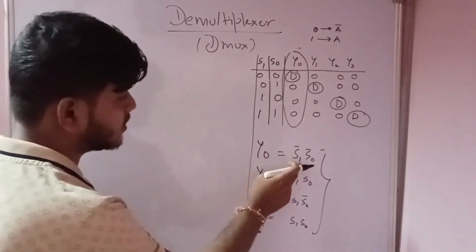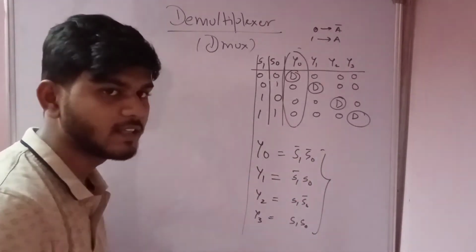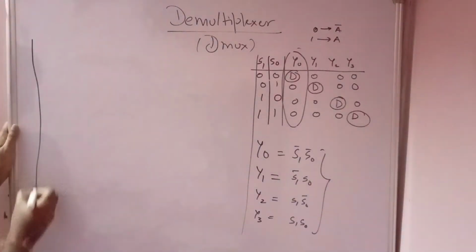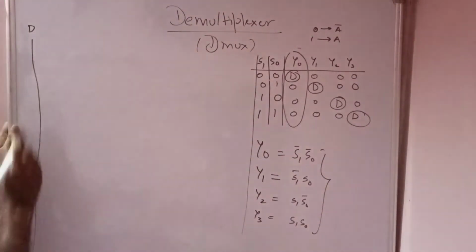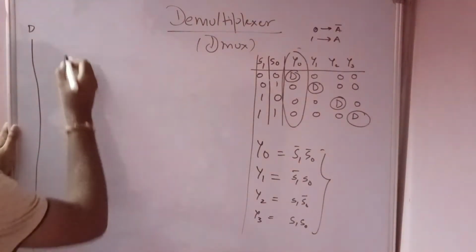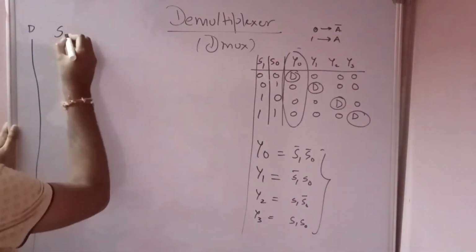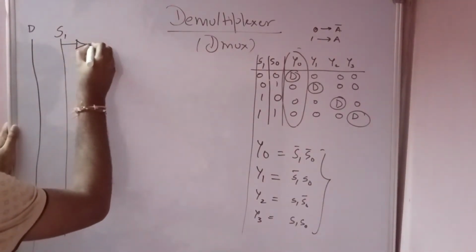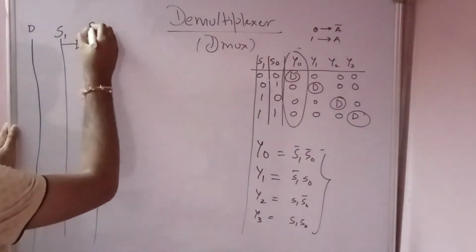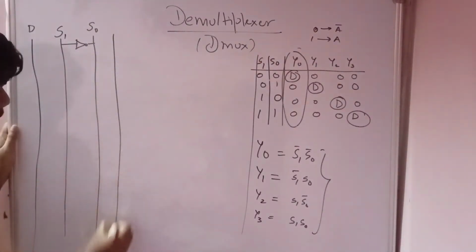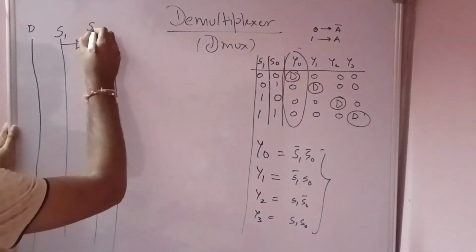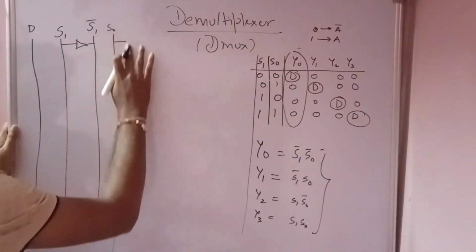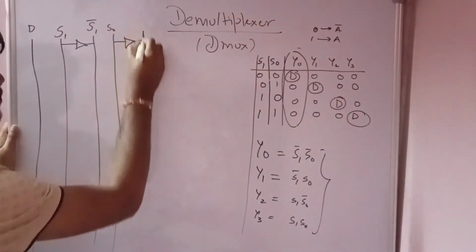We have the inputs S1 and S0, and there is one data pin, a line which we'll call data D. Then we'll have S1, and we give this S1 to a NOT gate to create S1 bar, and we have S0 and S0 bar.